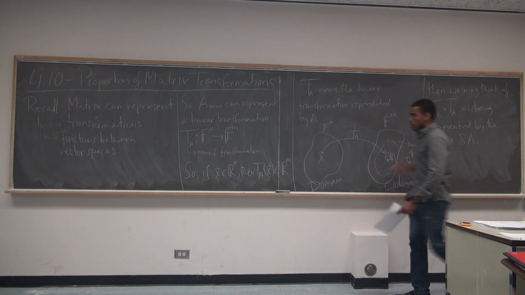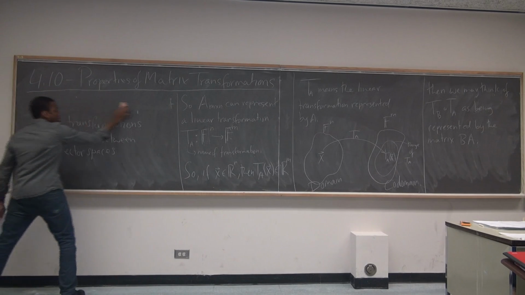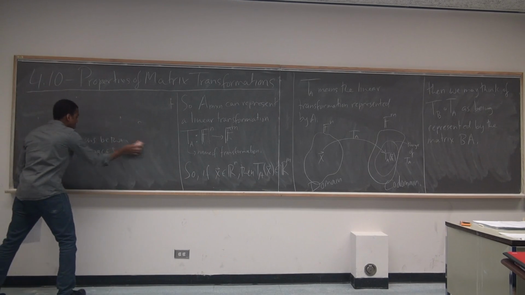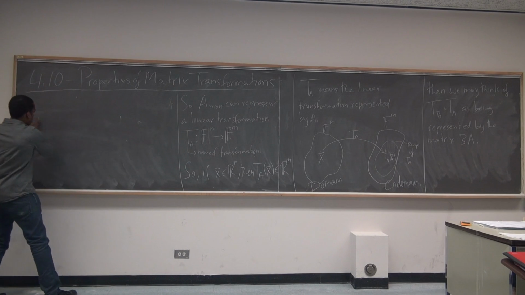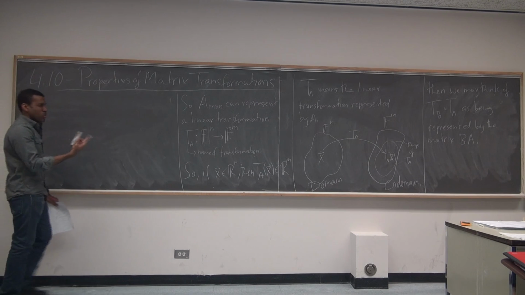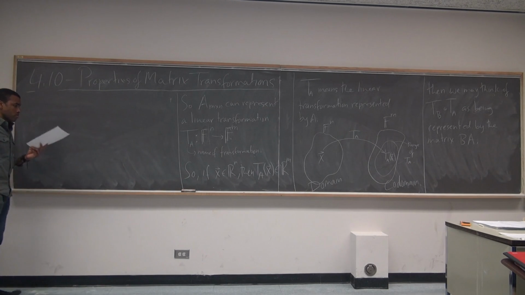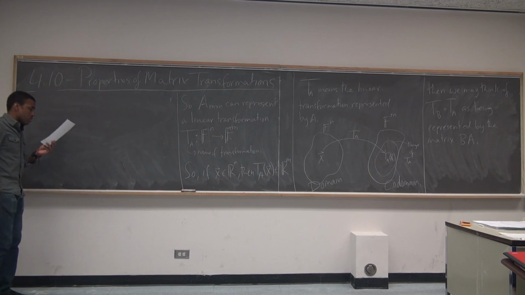And I'll talk more about what it means being represented by a matrix, if not in 4.10 then later on, because chapter 8 goes over sort of the same thing, and it goes deeper into it. But so, just want to get used to some of the notation first.